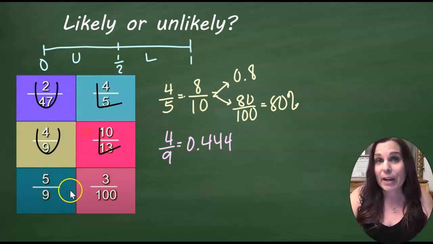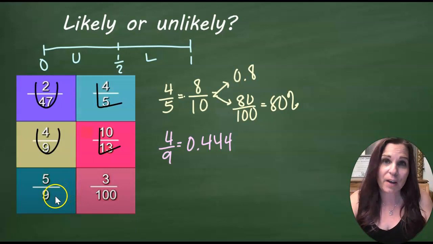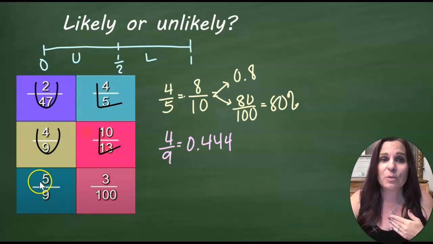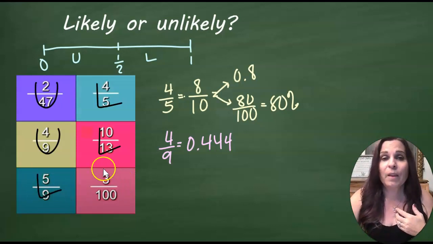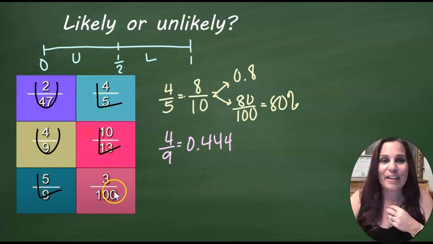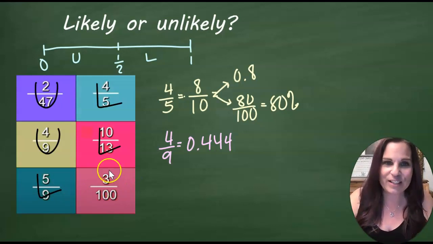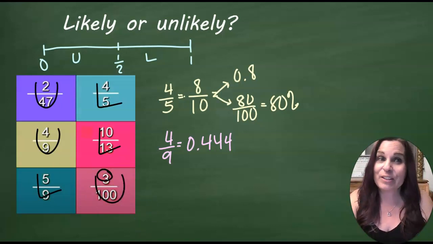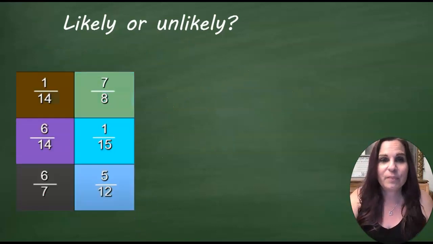We can do the same thing with this one. 9ths. Half of 9 would be 4.5. 5 is larger, the top number is bigger than 4.5, so it's likely. 3 out of 100. Half of 100 is 50. This is much smaller than 50, so it is unlikely. All right, let's try a few more. 1/14.